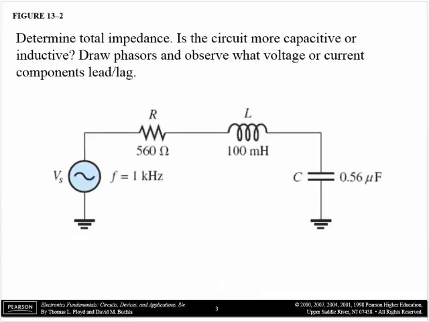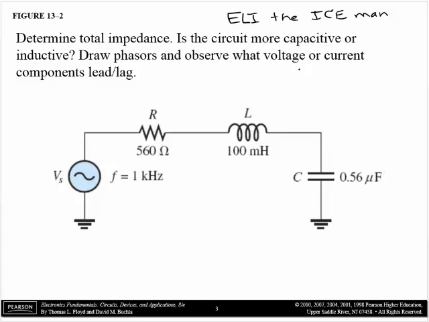So let's do our first example. Determine the total impedance of this circuit, and then tell me, is the circuit more capacitive or inductive? This is going to become quite important to us. Draw the phasors and observe which voltage and current components lead and lag. Also remember our previous mnemonic, ELI the ICEman, which helps us remember who is leading and who is lagging.